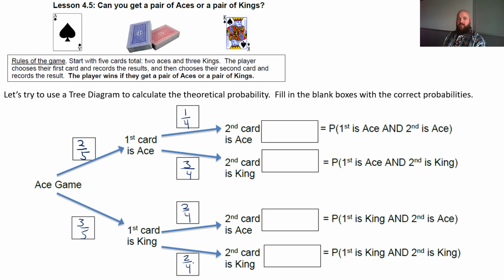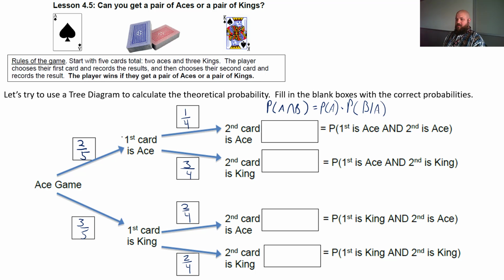Now the general multiplication rule comes into play here. With the general multiplication rule, we're taking the probability of A and B, and that's going to equal the probability of A times the probability of B given A has occurred.